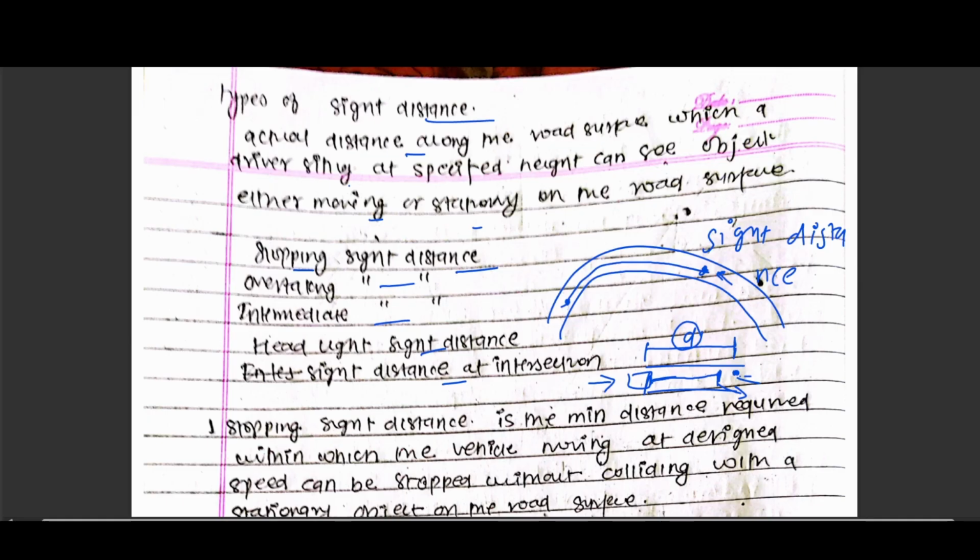Simple as that. If the vehicle applies the brake from here and collides with the obstacle, then this is not a stopping sight distance. The design is very bad.